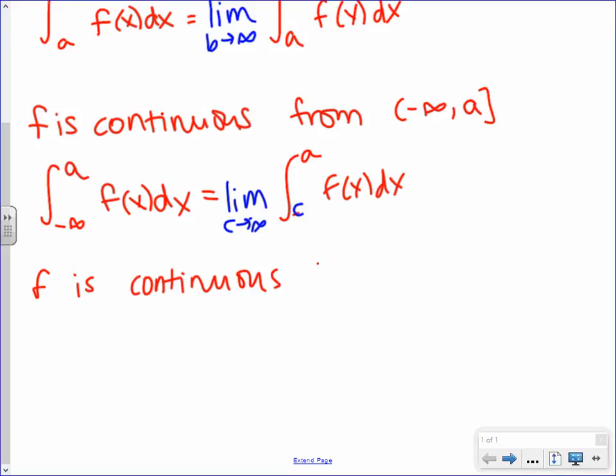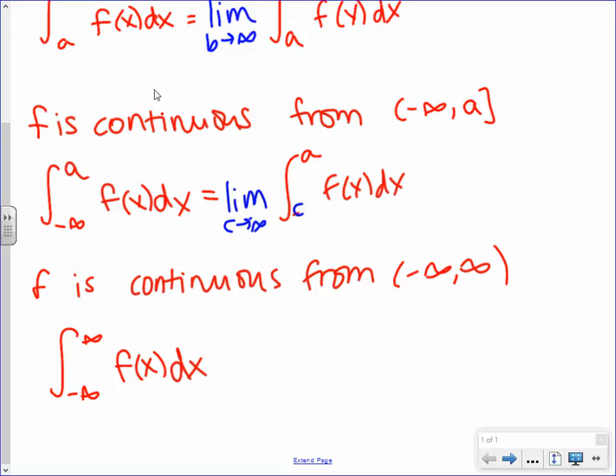Now, some of you may be wondering, what if we have the integral from negative infinity to infinity? Ideas? Wouldn't we just do an indefinite integral? No. Good idea.